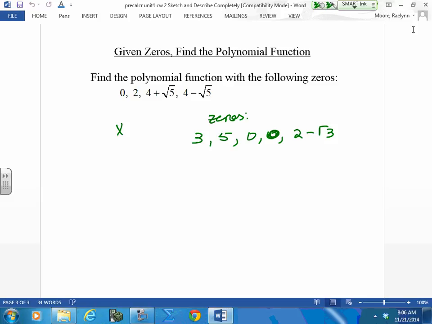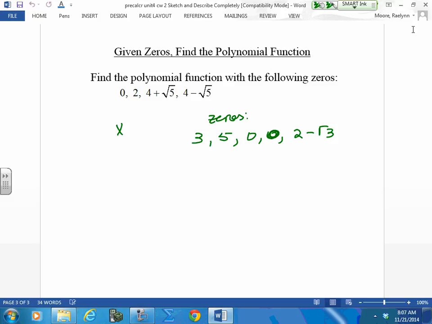It's a little tricky. What's the highest exponent going to be? The double. Nope. 6. Who said 6? Why'd you say 6? Okay.